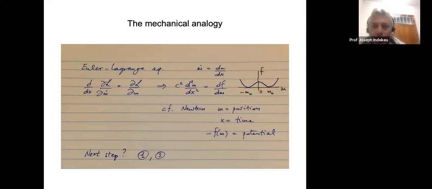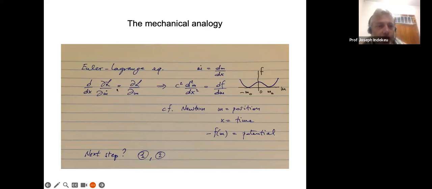And as you can imagine, if these hills are exactly equal height and if we have no friction, this would require just a very infinitesimal push on the ball to start rolling down from the minus m0 hill and to end up on the plus m0 hill. And that's exactly the mechanical analogy of our problem here. So the Euler-Lagrange equations, I trust you can write very easily.